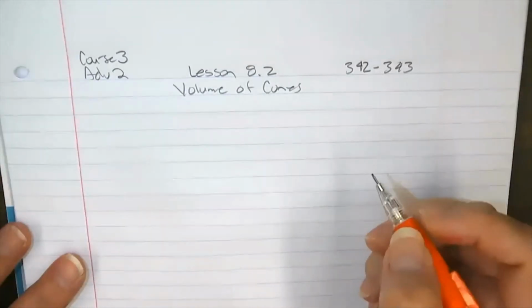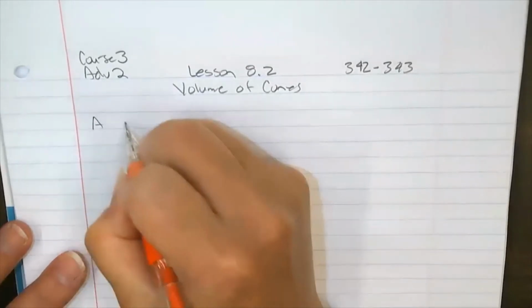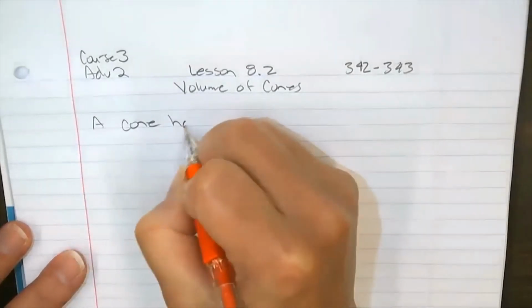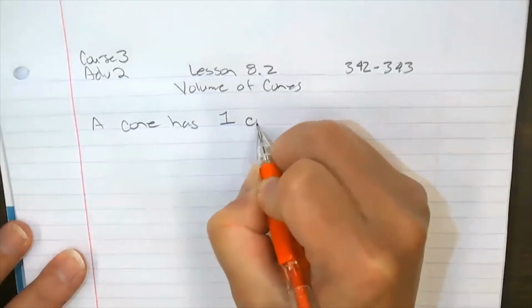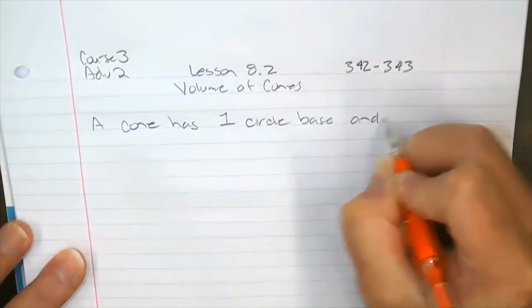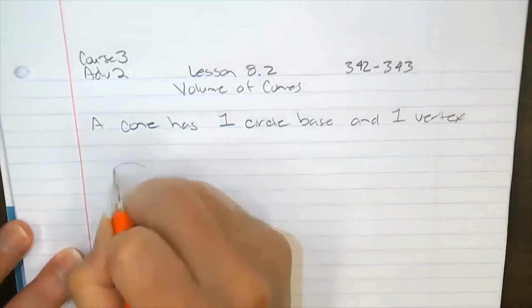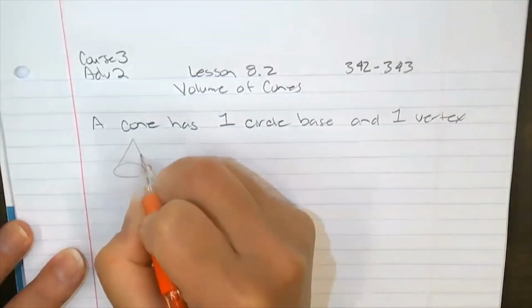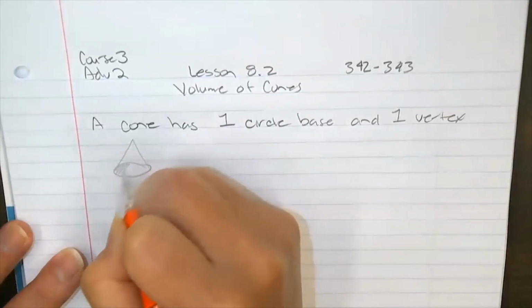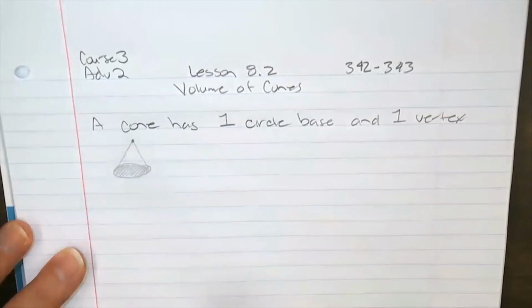Okay, so let's talk about a cone real quick. A cone has one circle base and one vertex. So this is what a cone looks like. It's got one circle base and one vertex.